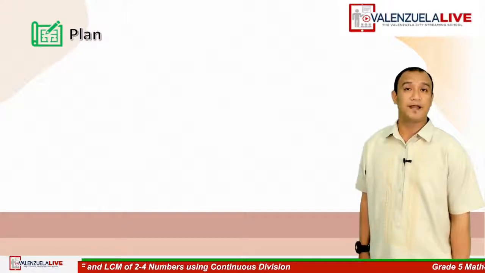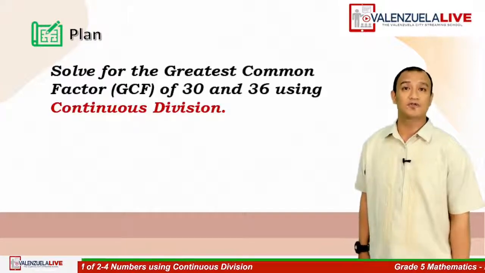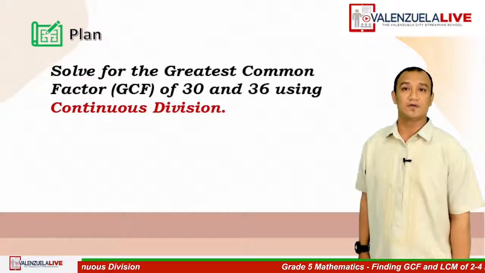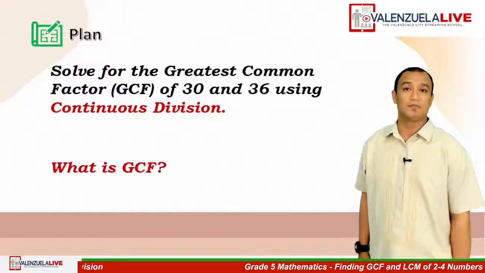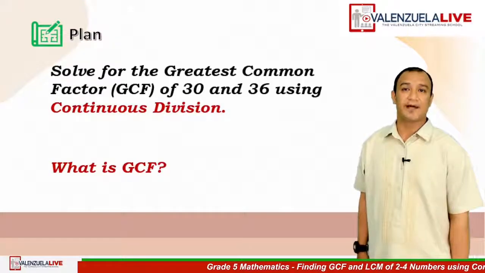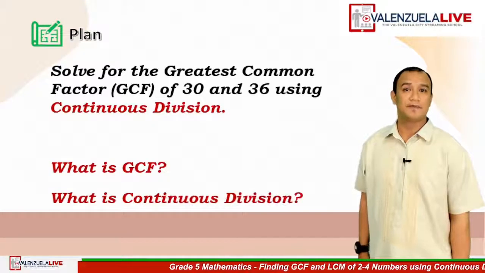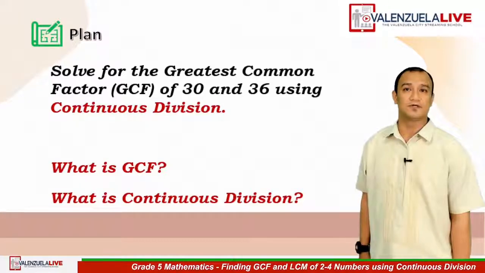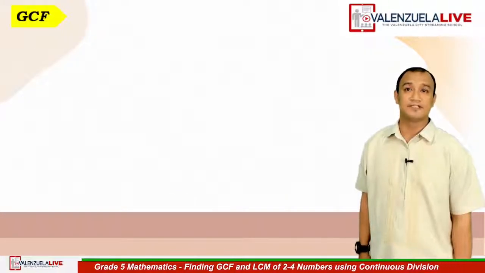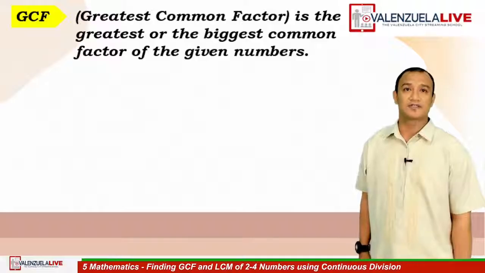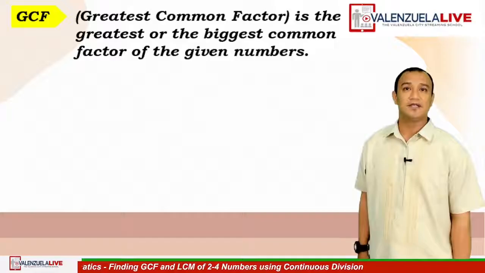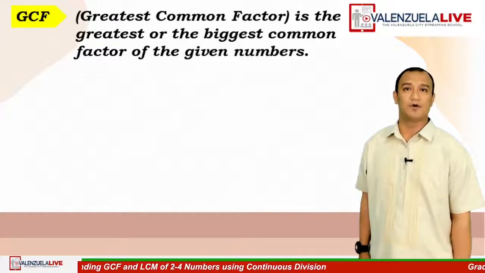And for our plan, we are going to solve for the greatest common factor or GCF of 30 and 36 using continuous division. But before that, let us define what is GCF and what is continuous division. For GCF, or the greatest common factor, it is the greatest or the biggest common factor of the given numbers.